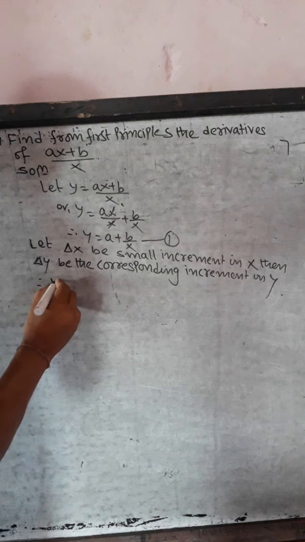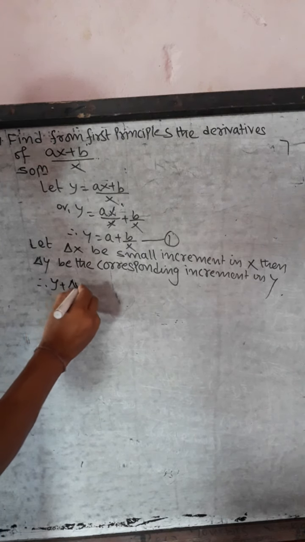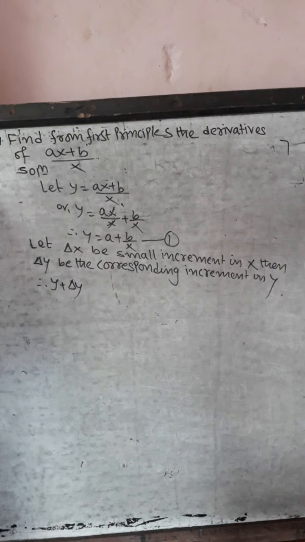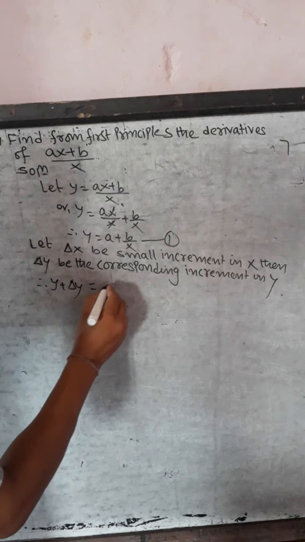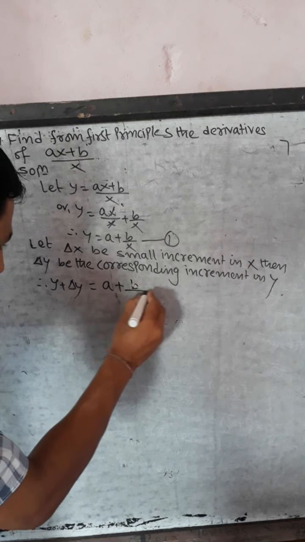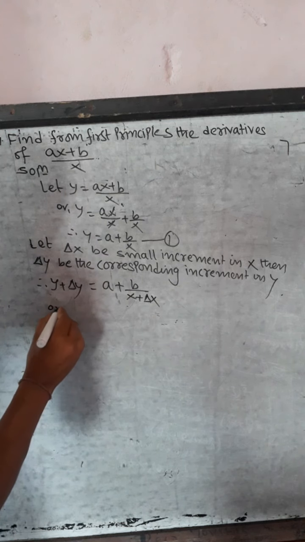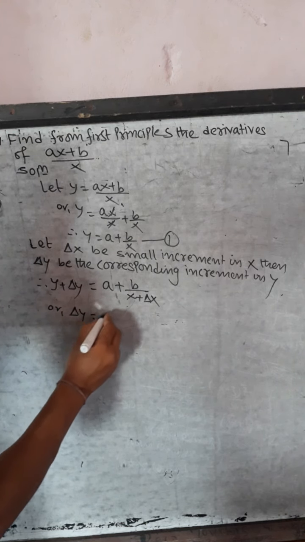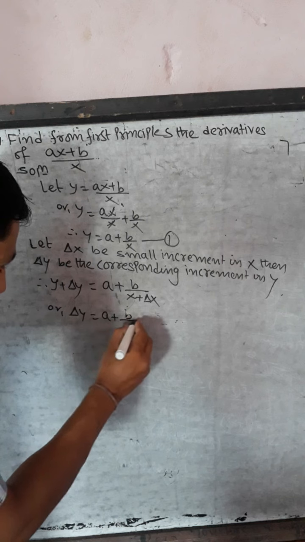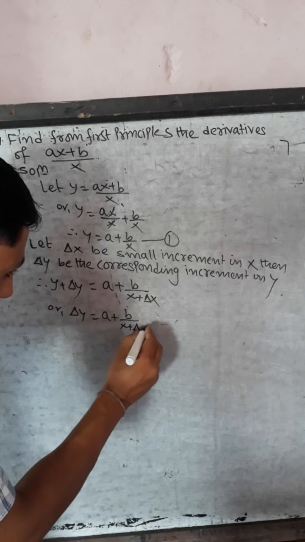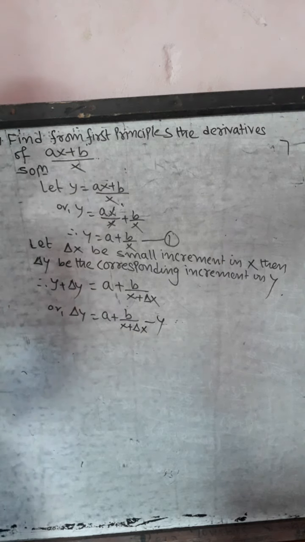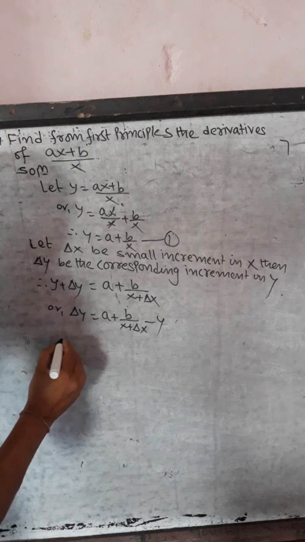So therefore y plus del y is equal to a plus b by x plus del x.